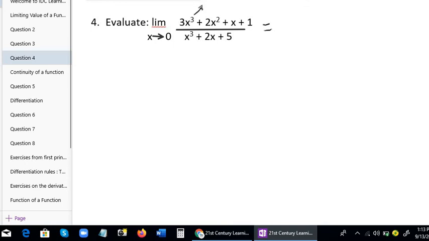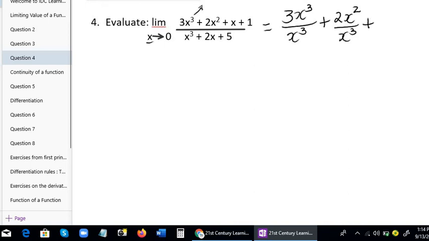Take note of this. So you have 3x cubed divided by x cubed plus 2x squared divided by x cubed. I'm doing this because I said you must simplify your function before you substitute the value of x for the limit.